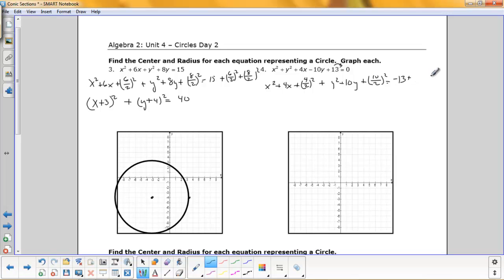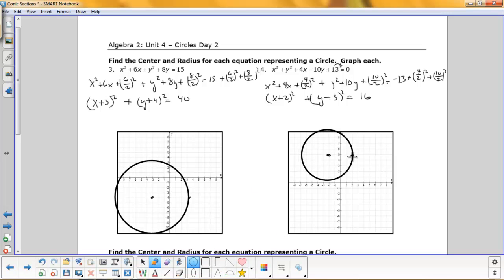Adding in your (4 over 2) and your (10 over 2) squared, that's going to give you (x plus 2) squared plus (y minus 5) squared equals 16. That's going to be -2, +5 with a radius of 4. And there's your circle.